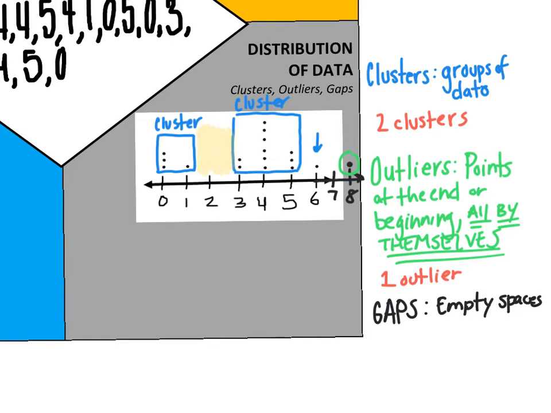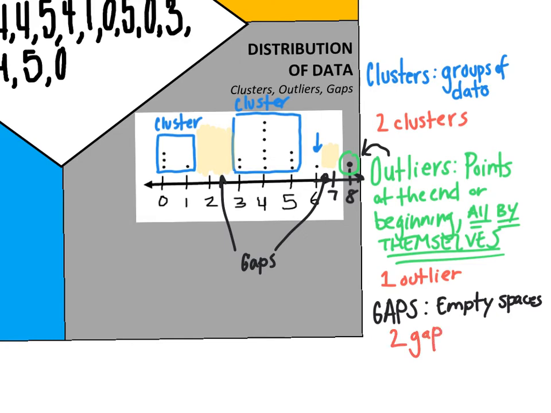In fact, that's just about the only gap. I have a small gap between 6 and 8. So in this case, we're going to say we have two gaps. There's a gap. Oops. Let me use a pen. There's a gap there and a gap there. So those are gaps. Okay? And that's my outlier.